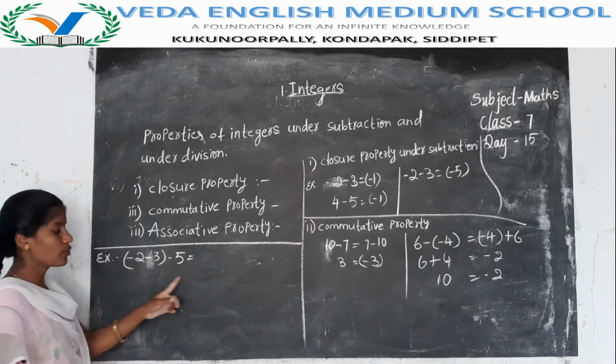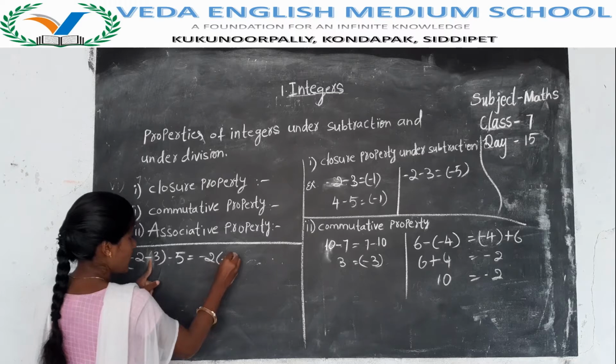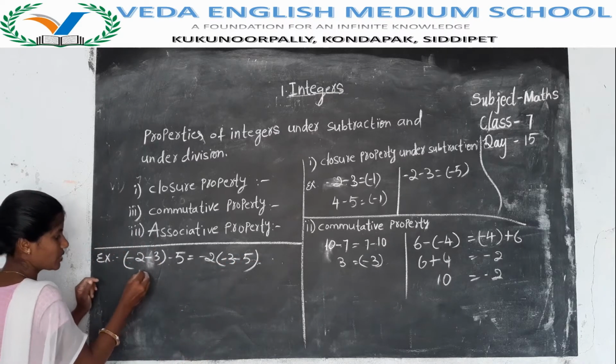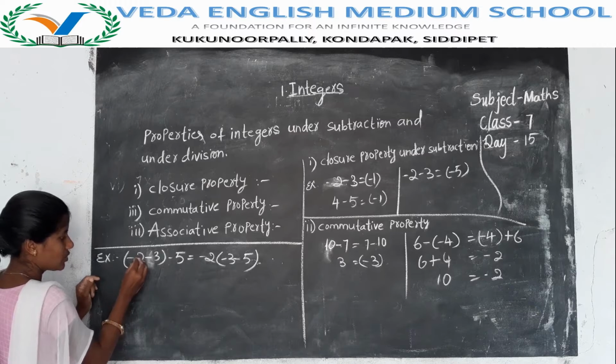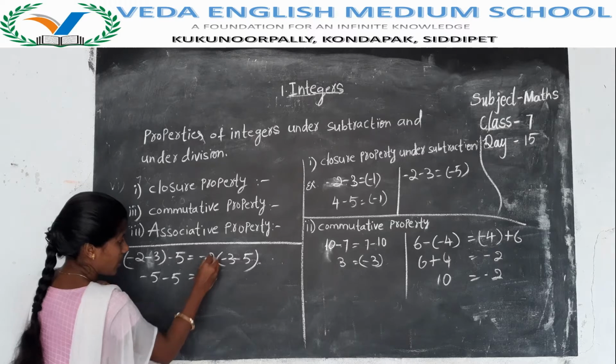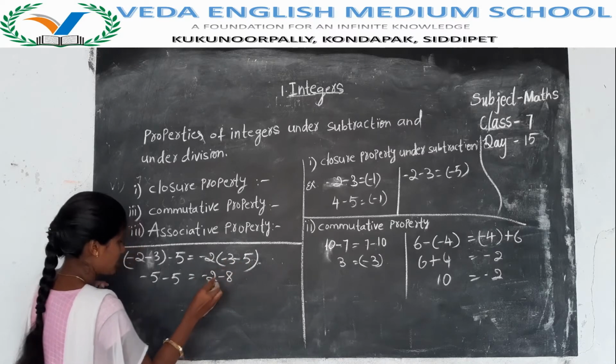Then change their group. That means write minus 2 as one number, then minus 3, minus 5. Minus 2 minus 3 gives minus 5. Here also we have minus 5. Minus 2 minus 3 minus 5 is minus 8.